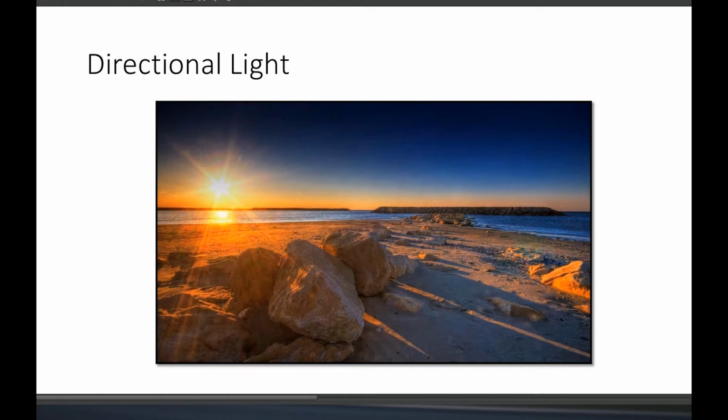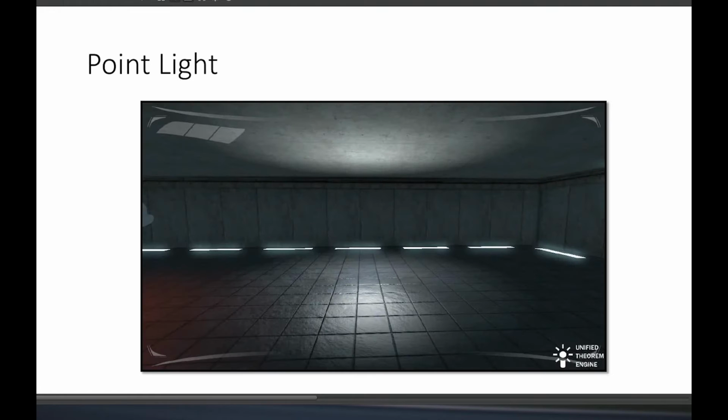The data this type of light needs is a direction, a color, and an intensity. The point light, this scene is from the Unity engine. Point light is different because it has a position, a radius, a color, and also an intensity.